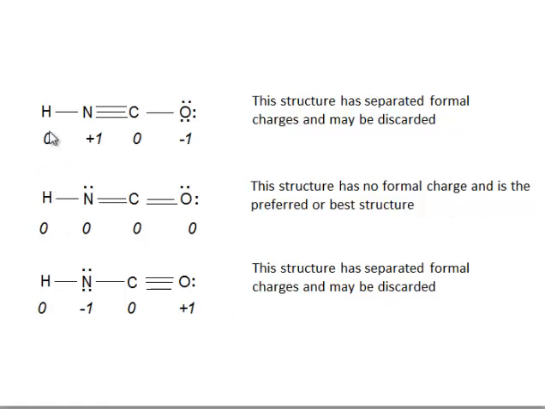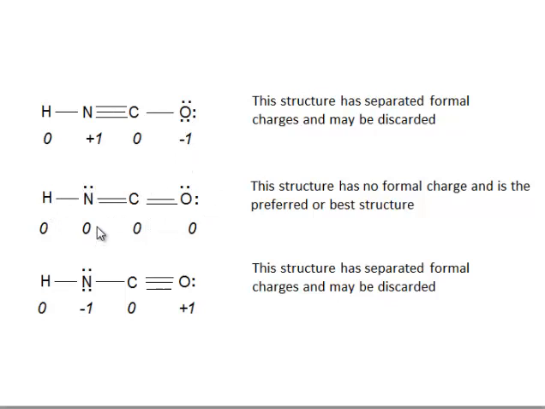In all of them, note the formal charge on the hydrogen atom is 0: 1 minus 1 minus 0. Note that the formal charges on the carbon atoms are also 0 in these resonance structures. The top structure, however, has a positive 1 formal charge for the nitrogen and a negative 1 formal charge for the oxygen.